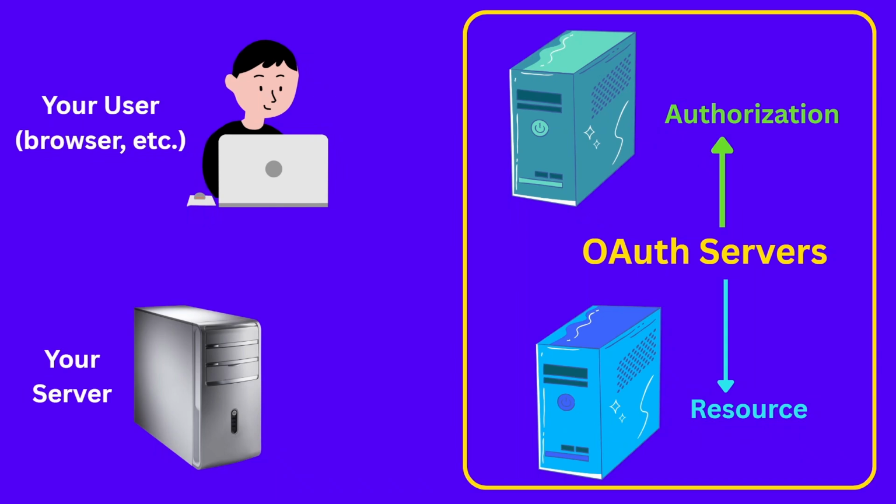Before the user is going to be able to authenticate with a certain OAuth provider, that means the user must have registered with that OAuth provider. For example, let's say your user wants to authenticate with Google. So before they can do that, they must have created an account with Google, okay?